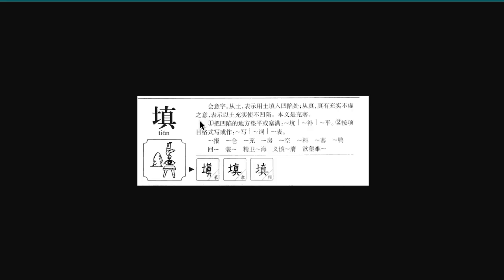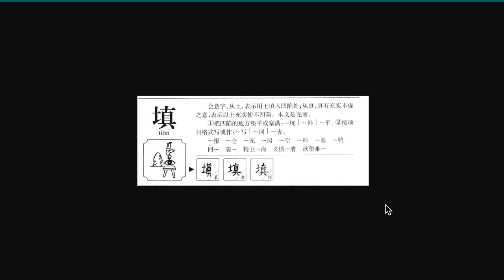Now let's take a look at the characters. So this is also interesting because it goes with the dirt radical. It's obvious they are filling up dirt. Now the right hand side is interesting because they use a character that means truth. Okay, means real, means true. Now that's the opposite of what was fake, void, right?